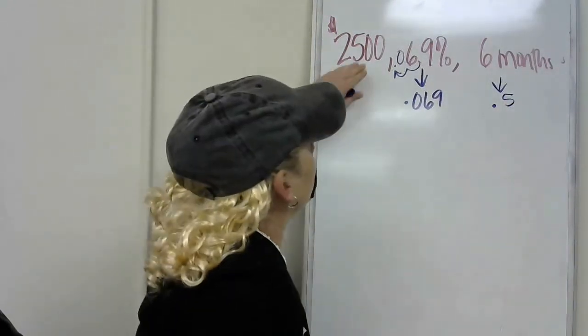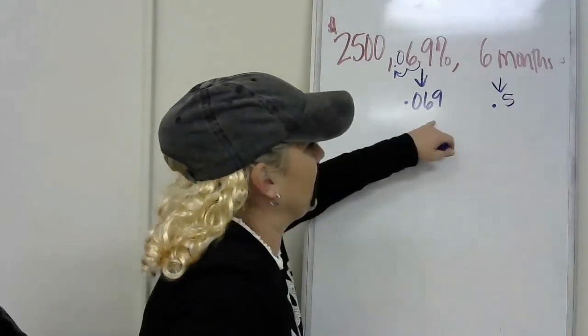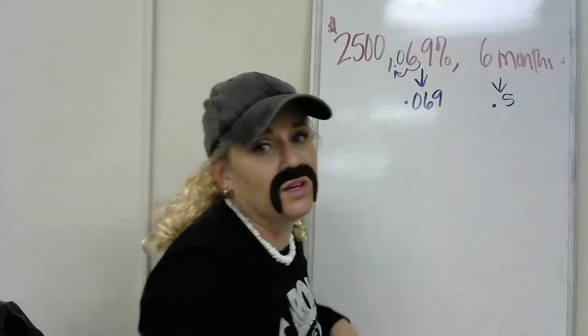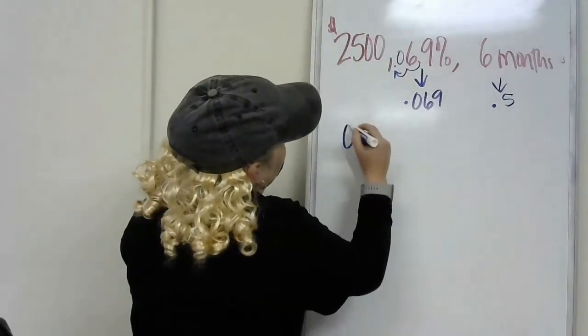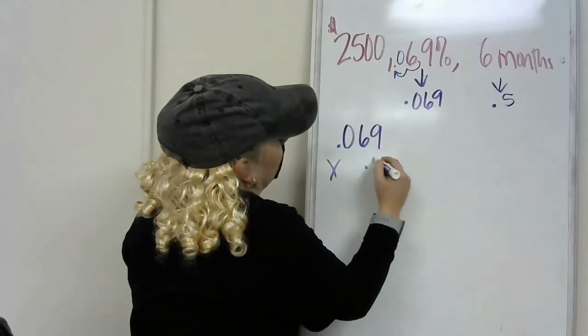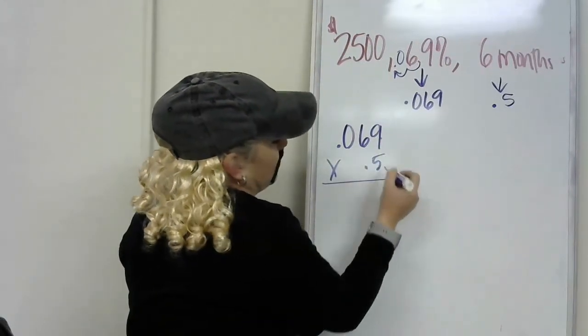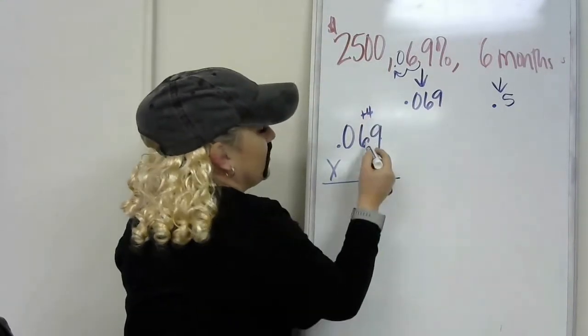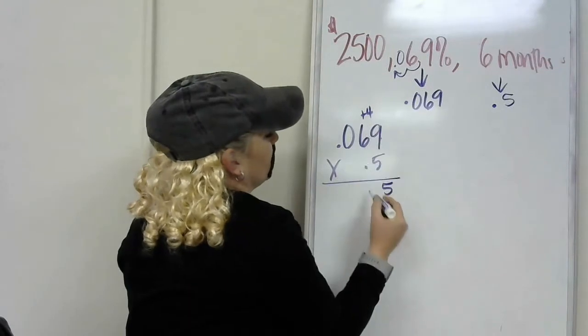So now we can just multiply the 2,500 times 0.069 times 0.5. If I'm going to multiply these two together first, hopefully that'll be easier. So we're going to do 0.069 times 0.5, okay? 9 times 5 is 45. That 5 can stay, but the 4 got to go. 6 times 5 is 30, and 30 plus 4 is 34.